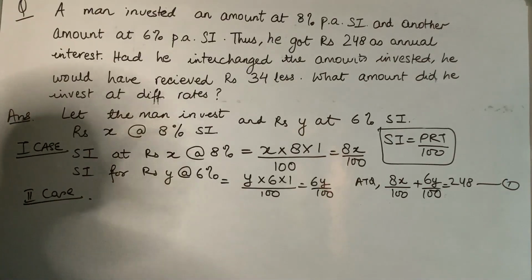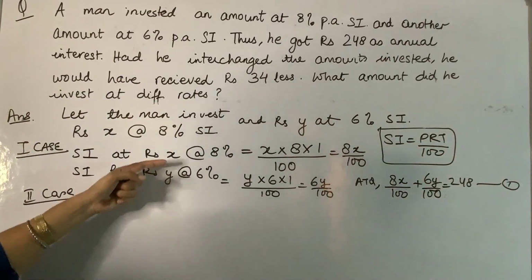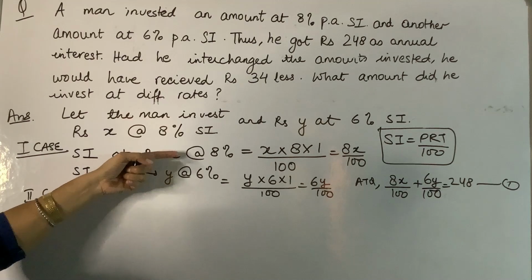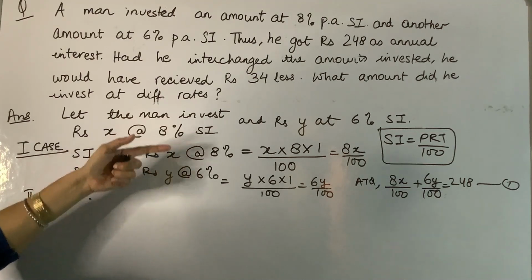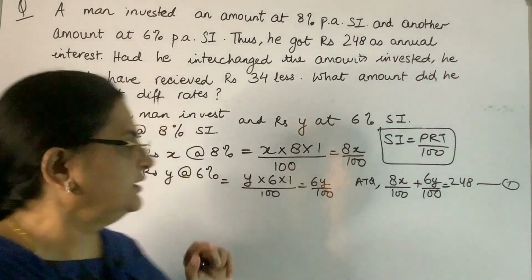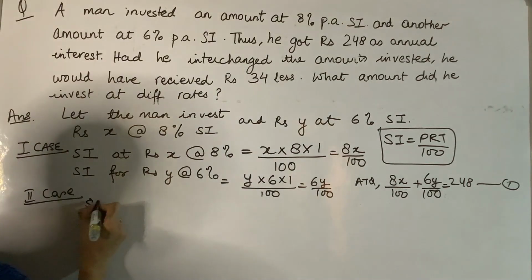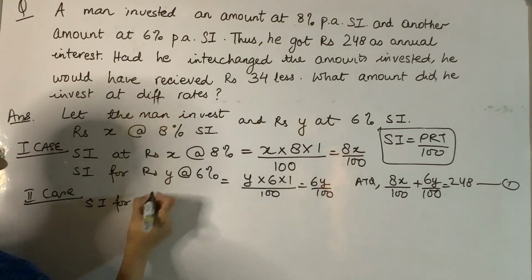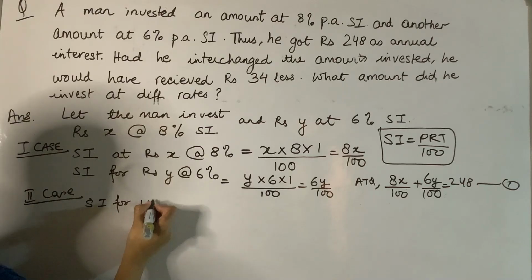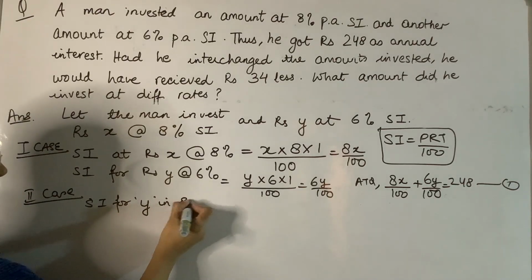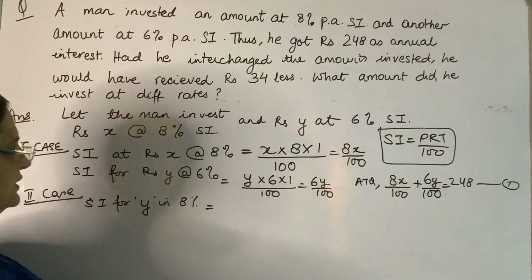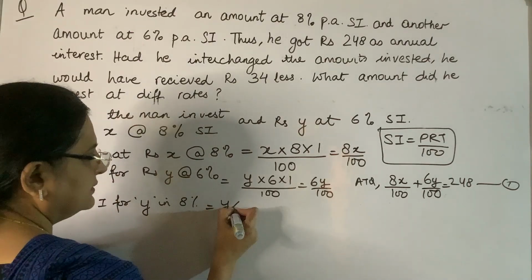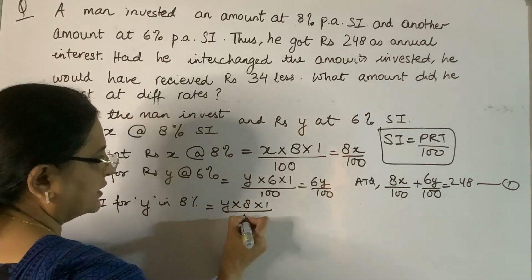what is it? Now he has interchanged. Interchange means now Y has become the principal for 8% and X has become the principal for 6%. So now SI, instead of X he has invested rupees Y at 8%. It will be P is now Y, 8 into 1 upon 100.